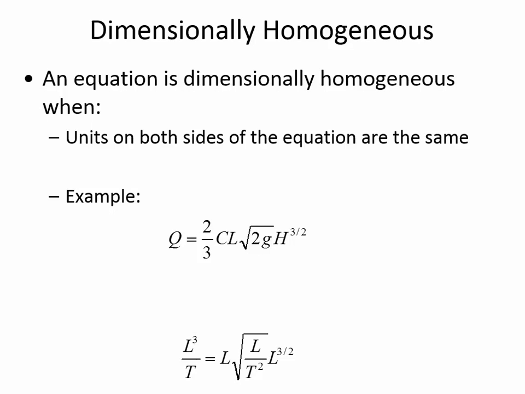The way the rational method works is you get cubic feet per second. This runoff coefficient is just a fraction, so it's unitless. The intensity of the storm that you put in is inches per hour, and then you're going to multiply that by the area in acres.